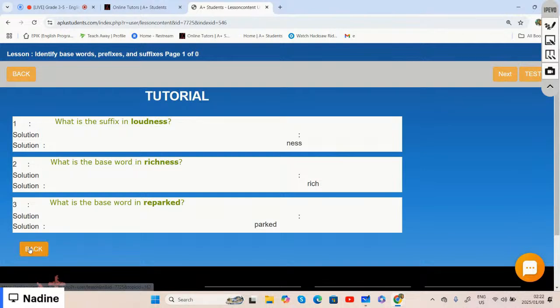All right. So remember, we said that a base word is a word that can stand on its own, and we add a prefix in front of the base word, and we add a suffix at the end of the base word, and then it basically changes the meaning of those words.